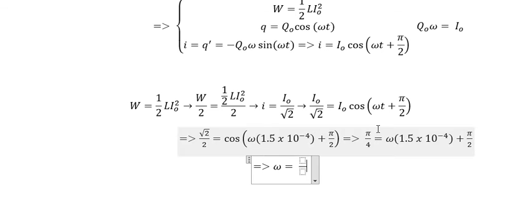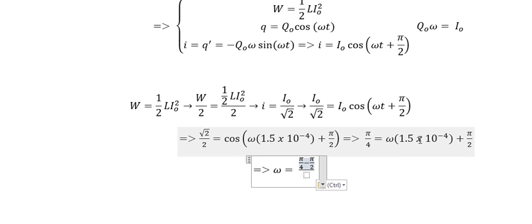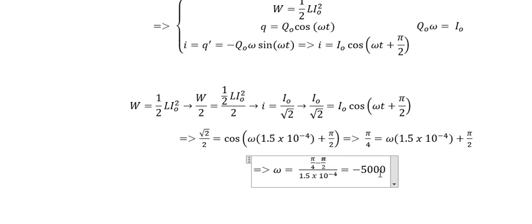That is pi over 4 minus this one, divided by this number. You get minus 5,000 pi over 3.